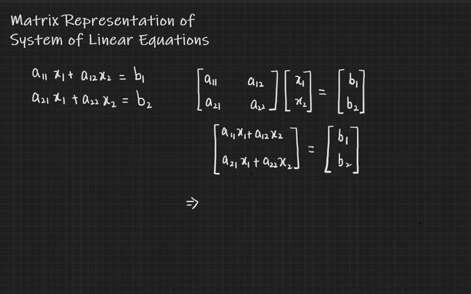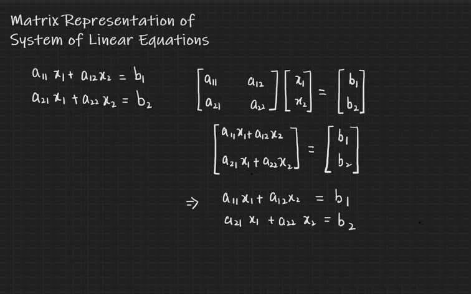Hence from this matrix equation we get a11 x1 plus a12 x2 is equal to b1 and a21 x1 plus a22 x2 is equal to b2. So you can see that when we simplify this matrix equation, we get the same system of linear equations. It means that we can write down any system of linear equations in matrix form like that.